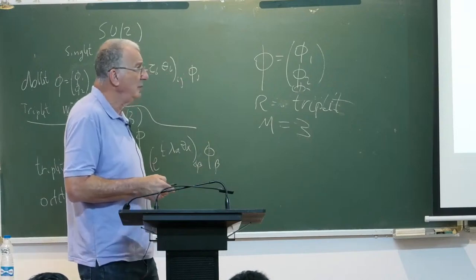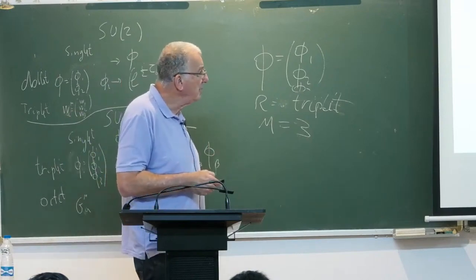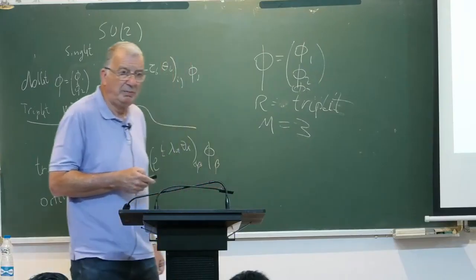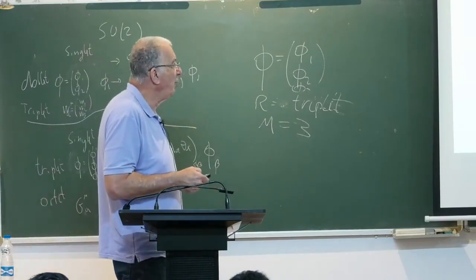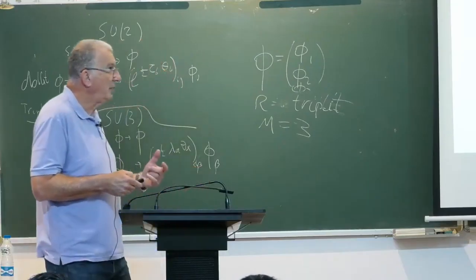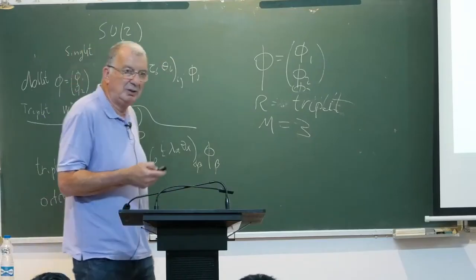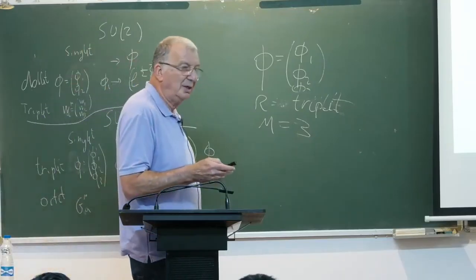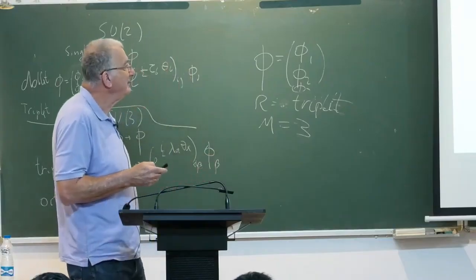This G2 characterizes the strength of interaction between these vector bosons and pairs of fermions or of scalars that transform under the SU2. And this G1 characterizes the strength of interaction of this vector field with pairs of scalars or fermions that are charged under the U1. Okay.